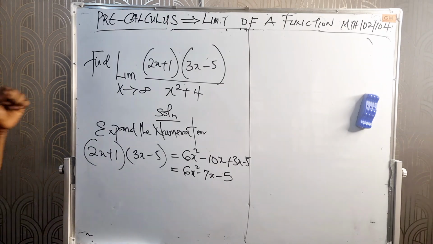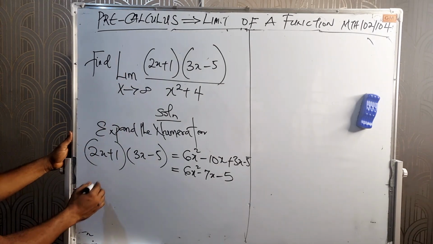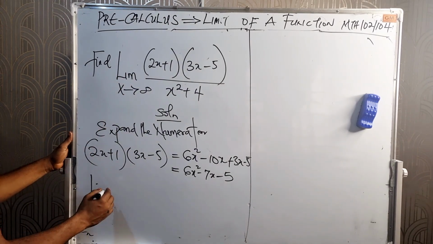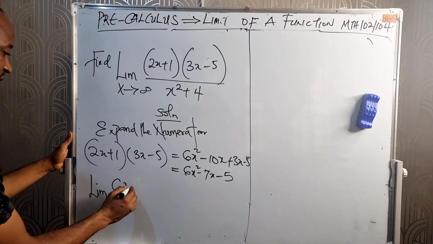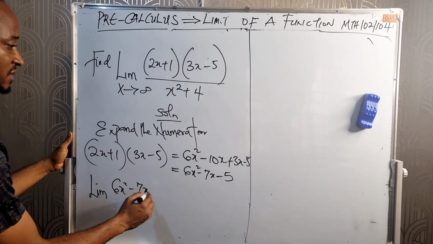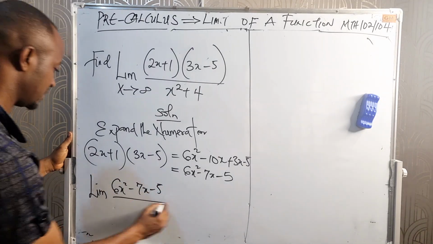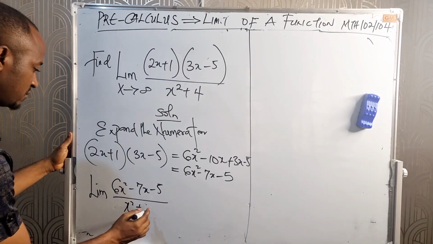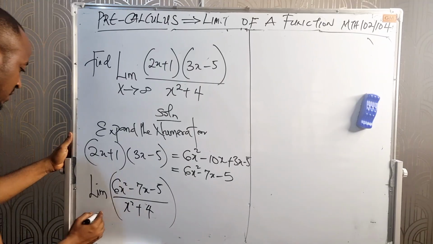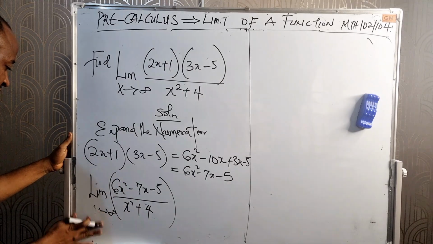Are we there? So this expression becomes the limit of 6x squared minus 7x minus 5 divided by x squared plus 4 as x is approaching infinity.